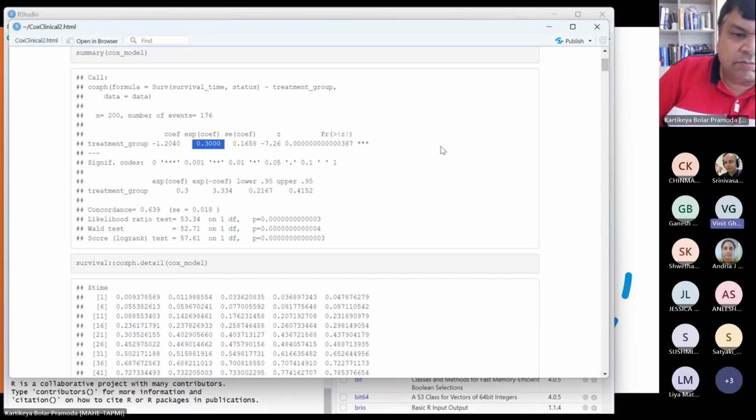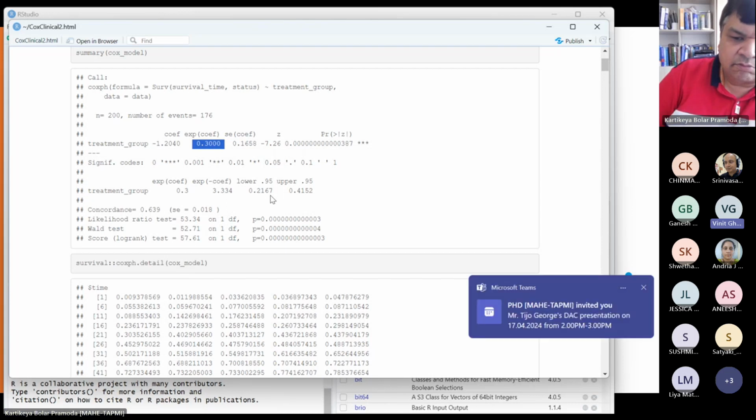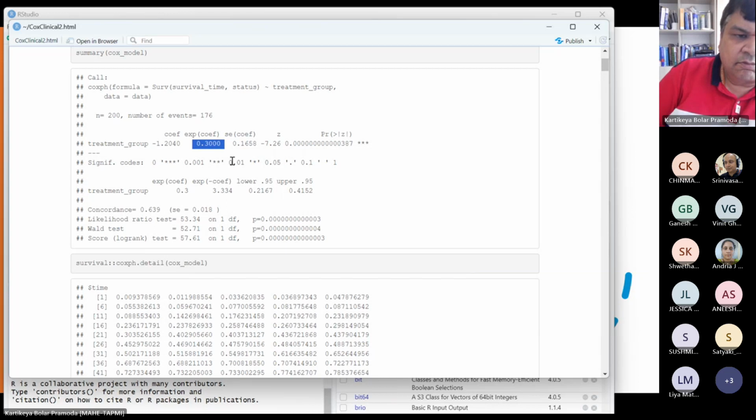Sir, does it mean minus 1.20? Can we say like this, 20% more chances to survive in the treatment group as compared to the control group? Yes.